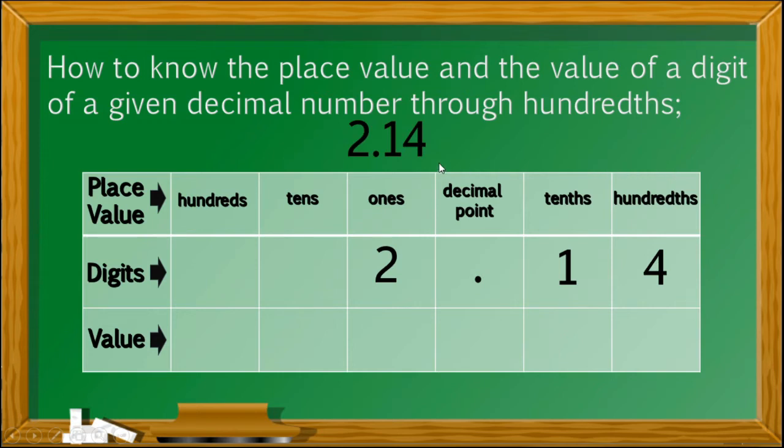Ang ganyan na pagkakasulat ng 2 and 14 hundredths sa place value chart. Then ang value ng 2 ay 2. Value ng tenths ay 1/10 at ang value ng hundredths ay 4 hundredths.